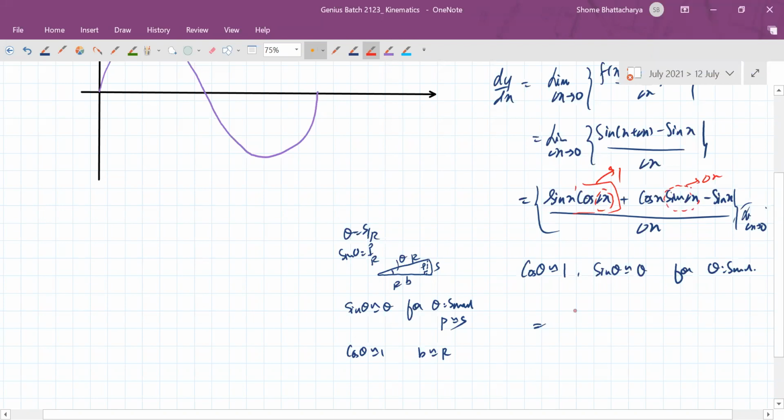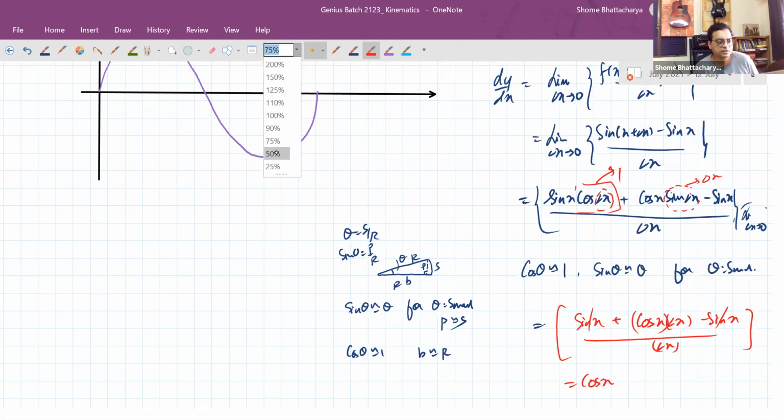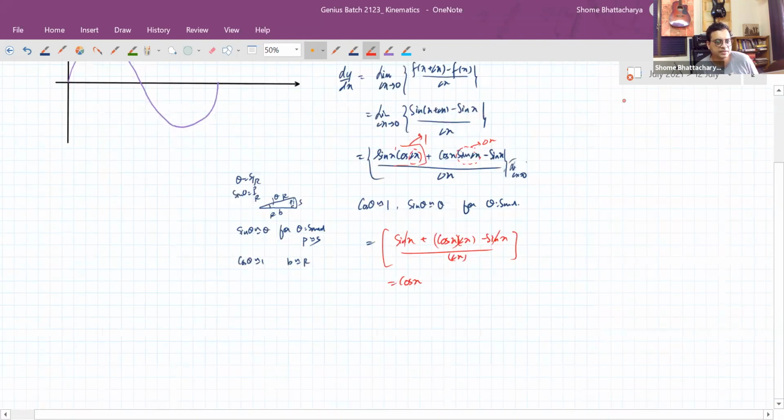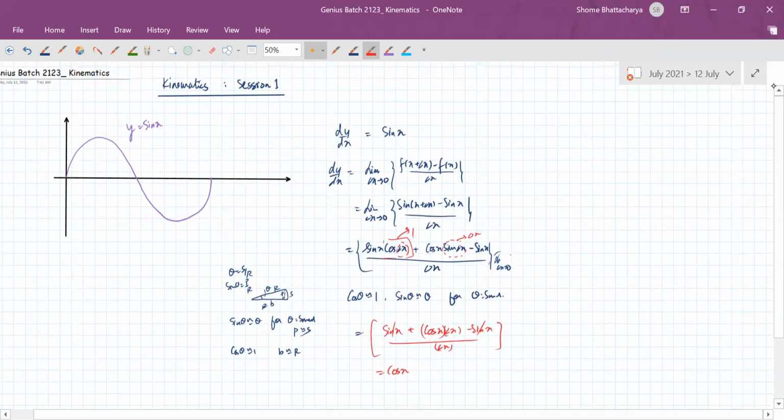So this becomes sin x plus cos x into delta x, minus sin x upon delta x. Now, because delta x is tending to 0 but not equal to 0, there's no problem in cancelling, so we get cos x. So this is how we get the fact that the derivative of sin x is equal to cos x.